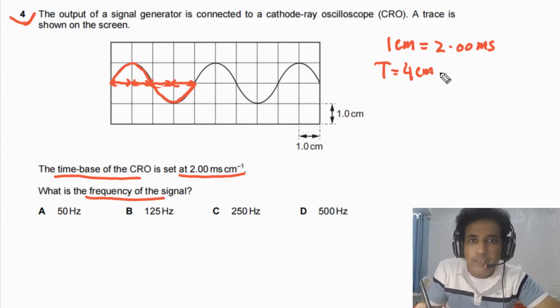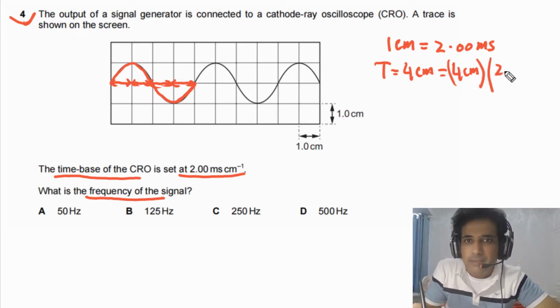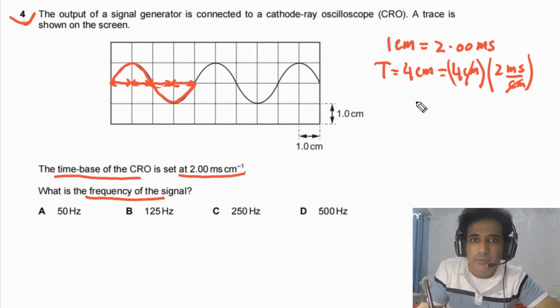We need to find out time period, so we can multiply this with the time base setting, which is 2 milliseconds per centimeter. So we can cancel centimeter with centimeter, and we are left with time period equal to 8 milliseconds.